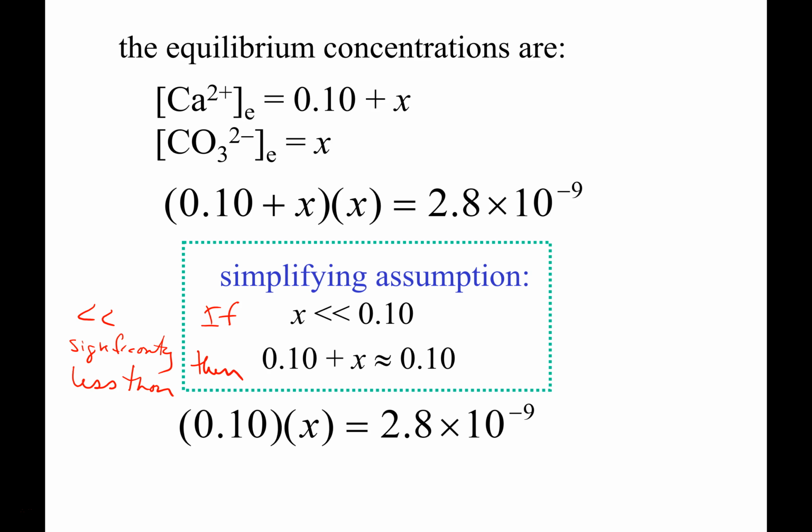Well, if this is the case, then x is just equal to 2.80 times 10 to the minus 9 divided by 0.1. I can almost do that in my head. Almost. I would use a calculator. So x in that case is 2.8 times 10 to the minus 8, and by definition, that was our molar solubility.